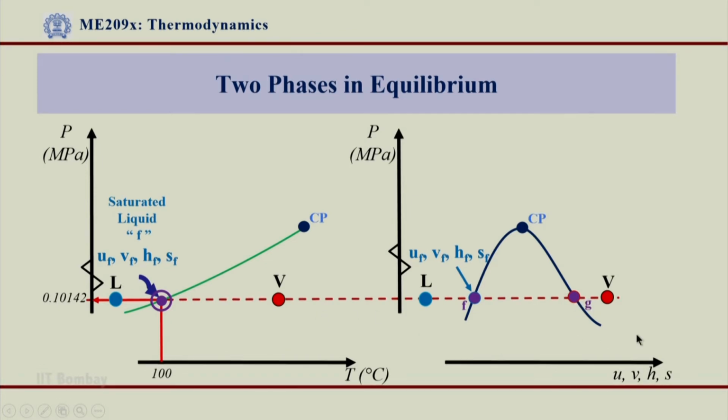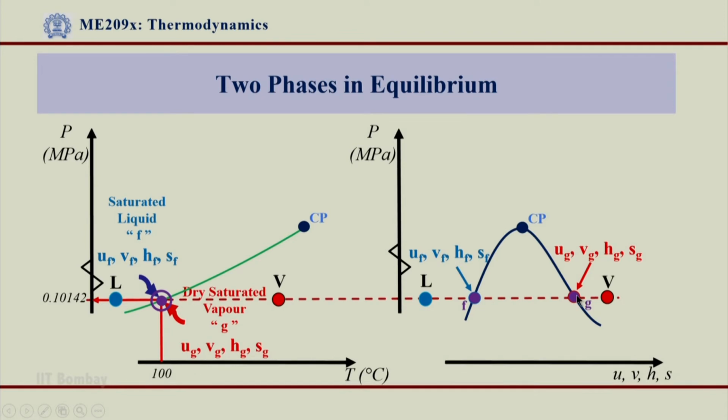The properties at point G are given with the subscript G, and they are now UG, VG, HG and SG. So, here G denotes dry saturated vapor. It was saturated liquid here, now it is dry saturated vapor at this point, and this length actually denotes the latent phase transformation.